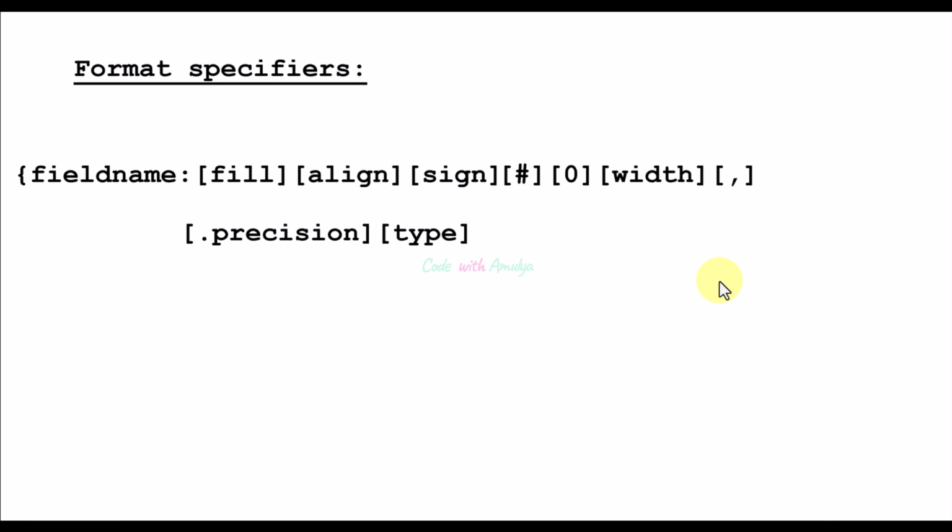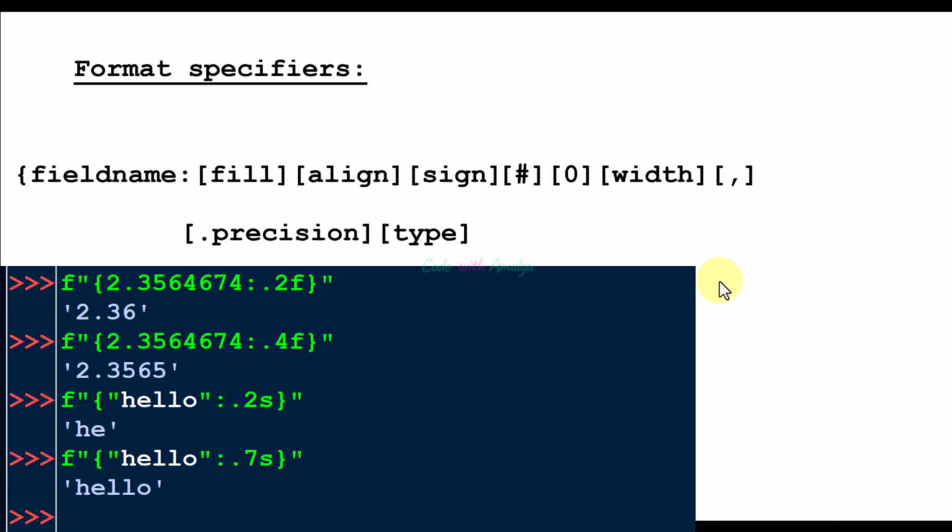The precision field controls the number of digits after decimal for floating point numbers and the maximum number of characters for strings. It always starts with a dot followed by an integer. It must be used with compatible types like float, strings, like this. And here you can see the examples for floating point numbers as well as for strings.